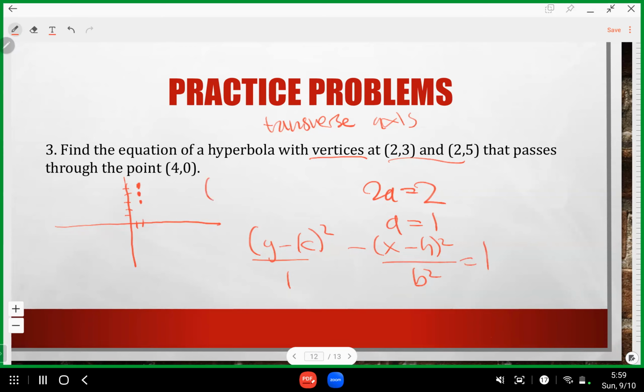You just put it in the 2, 4, right? So this is 4, 2. Okay, and then how do you find B? You plug in for y and x through the point. So this point, right? So, plug in 4 for x and 0 for y and solve it.